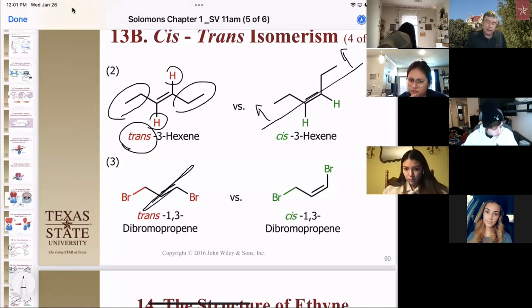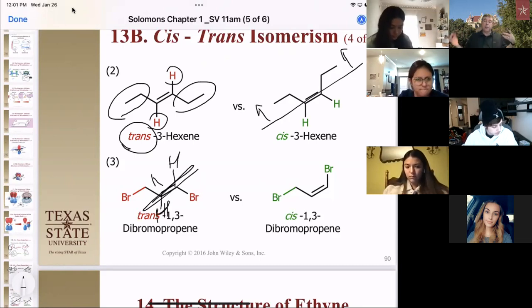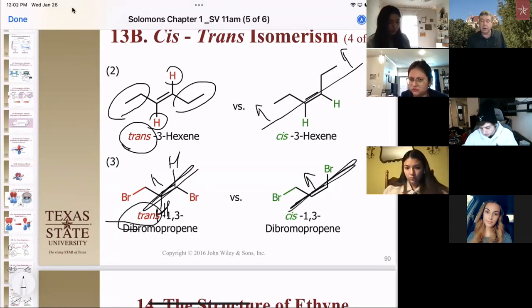In this case here, the 2 hydrogens are on opposite sides, and the 2 other groups are on opposite sides. That means it's the trans isomer. And if we look at the double bond, both of the groups that aren't hydrogen are on the same side, therefore it's the cis isomer.